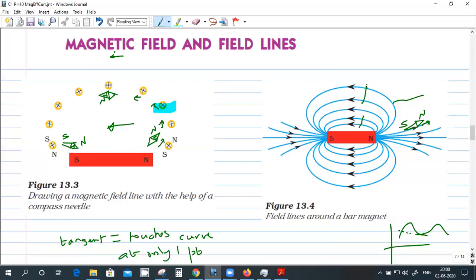The density of lines is proportional to the magnetic field strength. Nearby the magnetic field strength is more, so the lines are closely packed, and outside it is far away. Here it is closely packed, so the strength is more and the value of B is more, and the direction is towards the right. Here also the value of B is more, and the direction is also right.